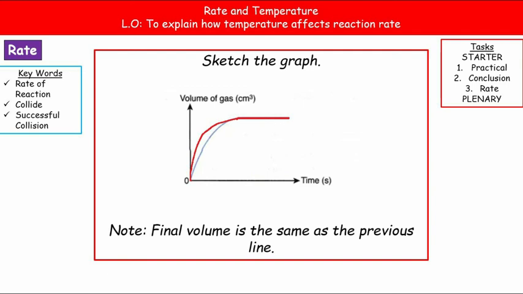You can't make more product, you're just making it in a shorter period of time. So if they ask you to do a graph like this and they've given you one already drawn, do not go above the existing line, because your final volume of gas must be the same as the one that already exists. We make the same volume of gas just in a shorter time.